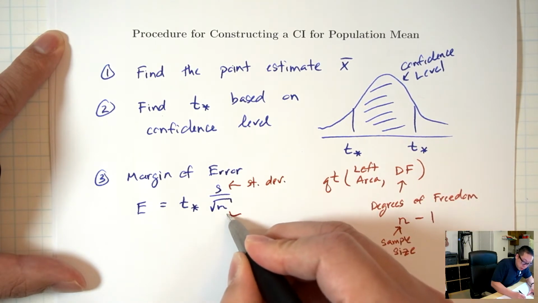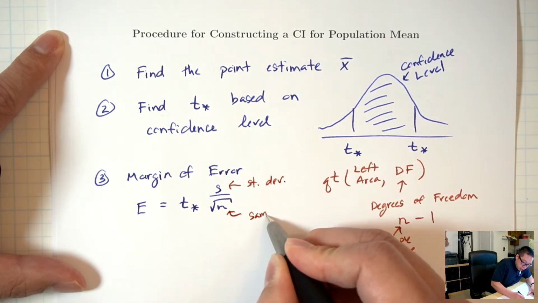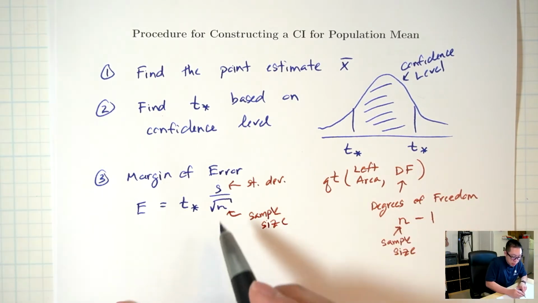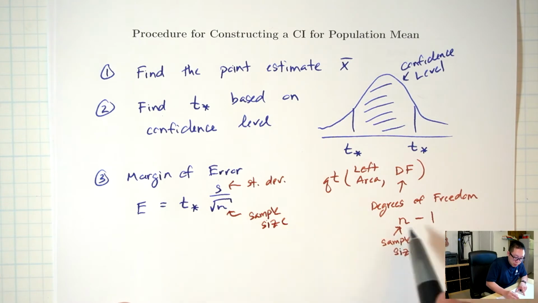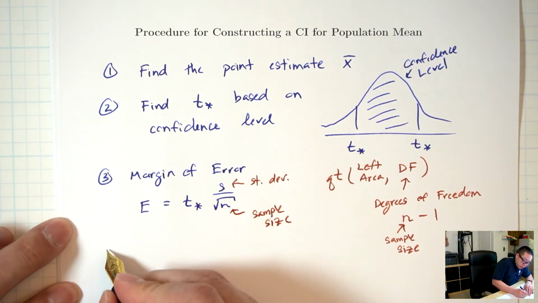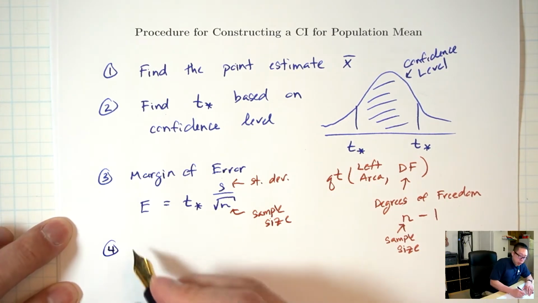N is our sample size. Same N. So that's an N, same N here. And then once you have your margin of error, step 4 is to construct your interval.